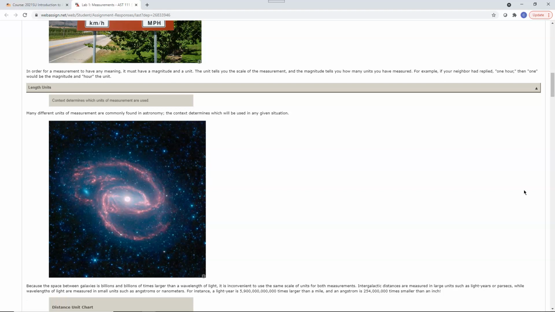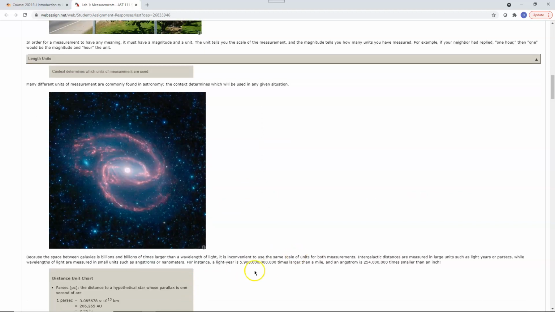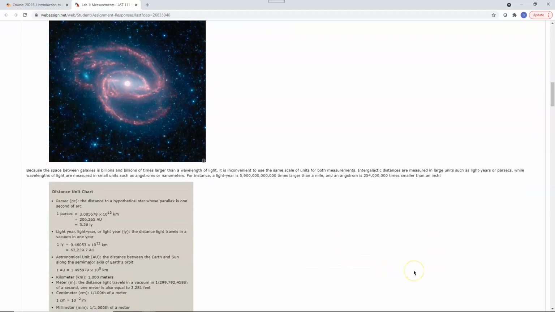So we're talking about things that are very, very large, as this is, and the light that we look at, very, very small. For instance, a light year is 5,900,000,000,000 times larger than a mile, and an angstrom is 254 million times smaller than an inch. So we have all these different things we look at.